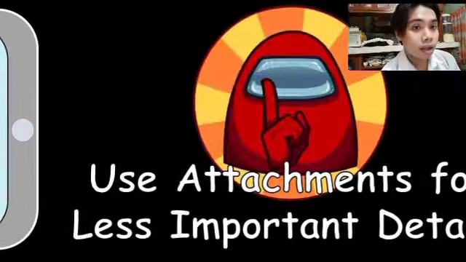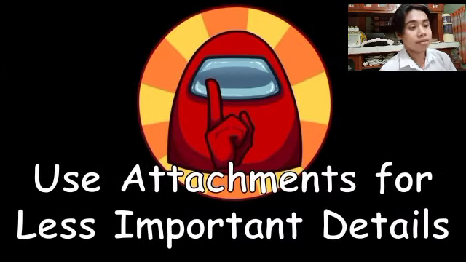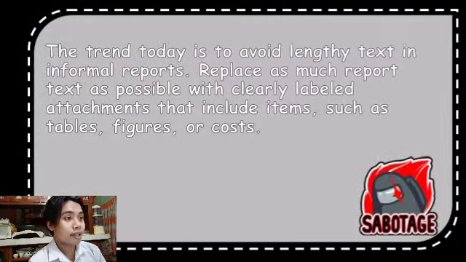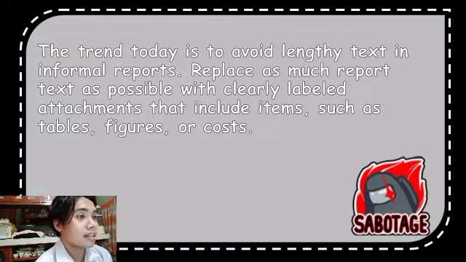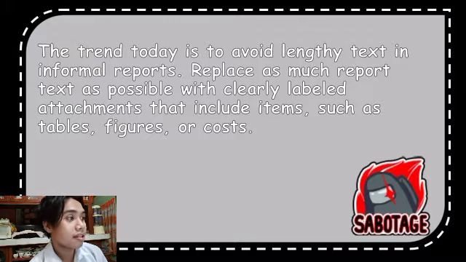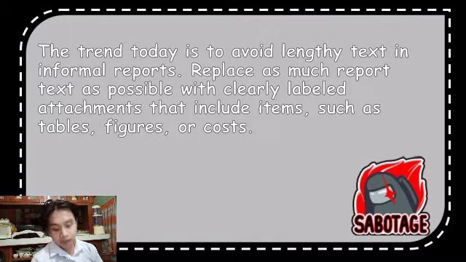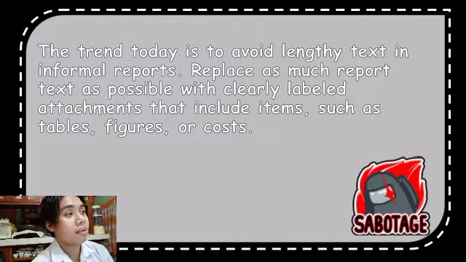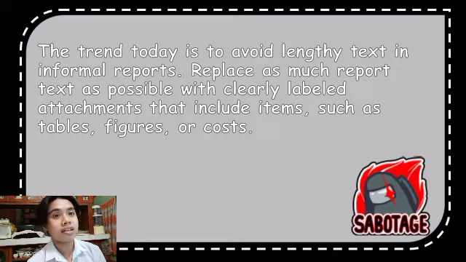And for our last guideline: use attachments for less important details. The trend today is to avoid lengthy text in informal reports. Replace as much report text as possible with clearly labeled attachments that include items such as tables, figures, or costs. Just like other reports, it is necessary to make a brief and concise report.